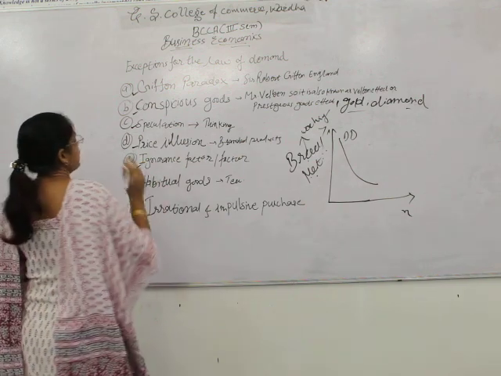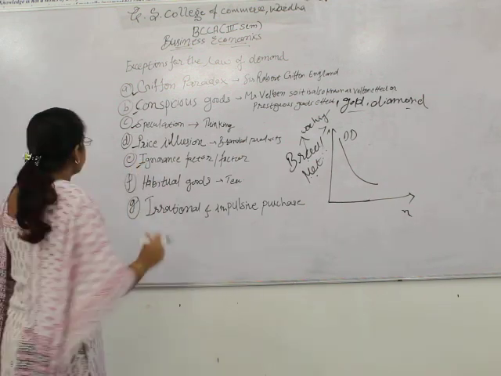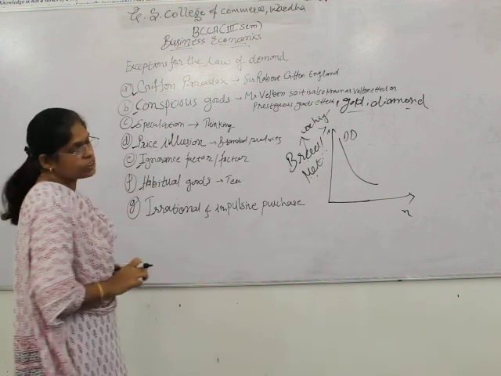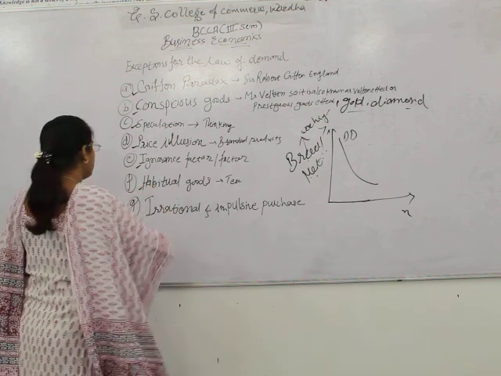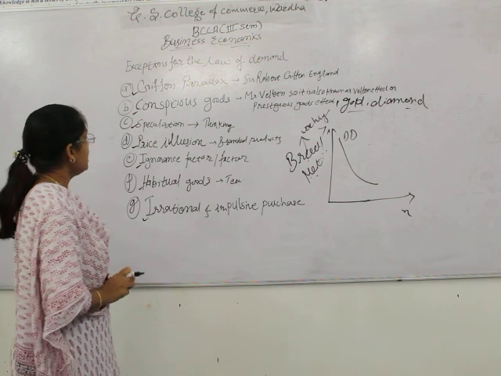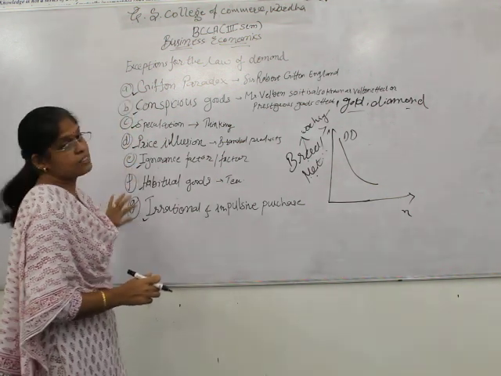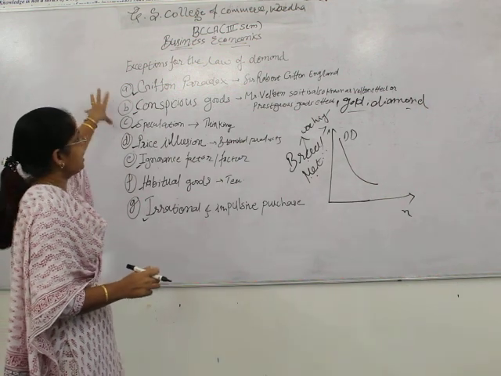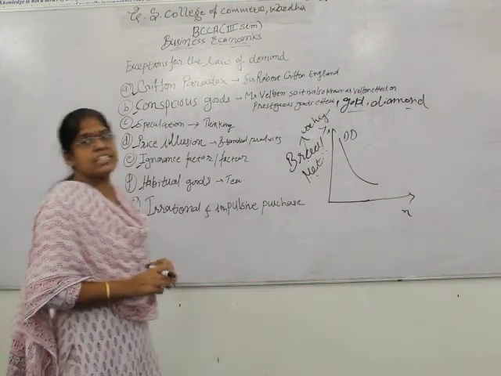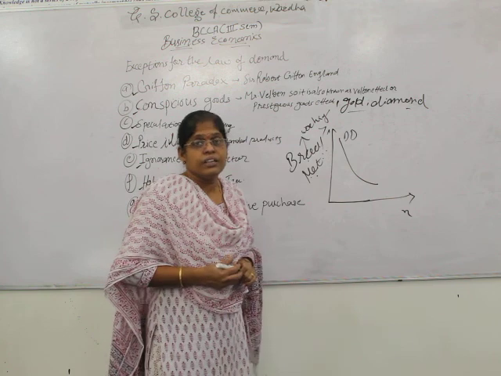Fifth is the ignorance factor. Then habitual goods, where we have taken the example of tea, and the last is irrational and impulsive purchase. So 1, 2, 3, 4, 5, 6, 7. At least you must attempt these 7 points for the exceptions to the law of demand.